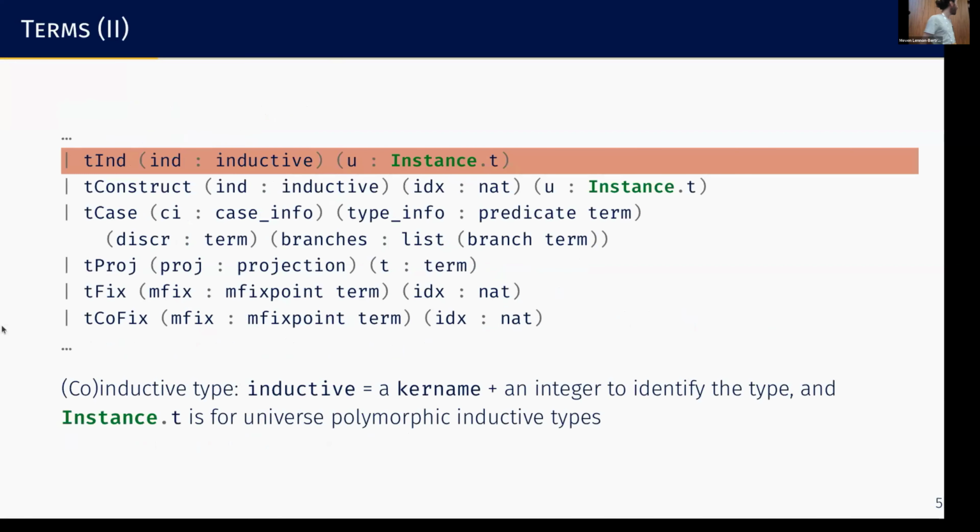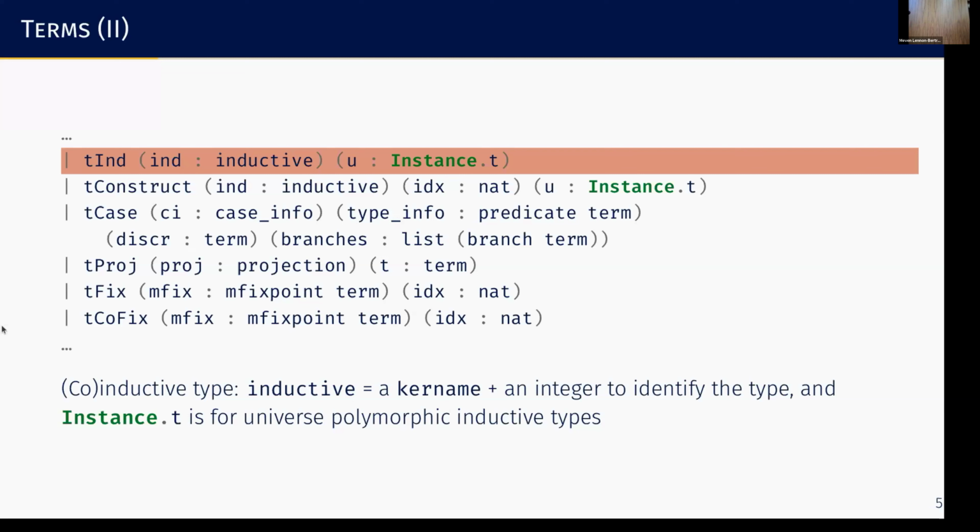And the same goes for inductive types and inductive constructors. We just have slightly richer information here. So this thing contains not only the name that identifies the inductive type, but also information, because we have mutual inductive types, so not just one, but multiple definitions correspond to the one kernel name.